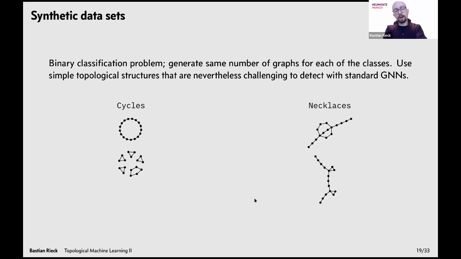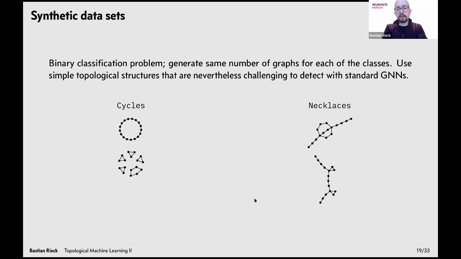And to simulate this, we used two types of synthetic data sets that had a binary classification problem. The first data set is called the cycles data set. The second data set is called the necklaces data set. The cycles data set is characterized by either consisting of a single cycle that is relatively long, or a set of smaller cycles, which are typically triangular but don't have to be triangular in practice.